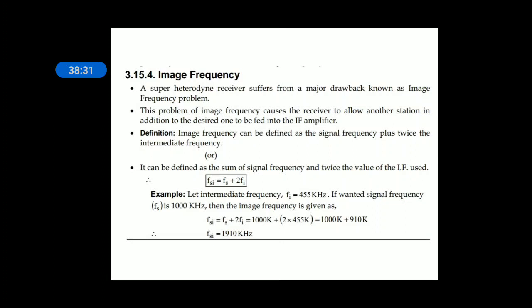The difference between the local oscillator and FS plus 2IF will also be the same as IF. That means the IF amplifier will receive two signals: one is your desired station and the other is its image. Hence it is called image frequency. So the image frequency formula is FS plus 2IF.